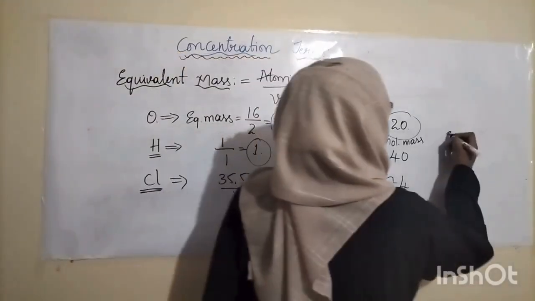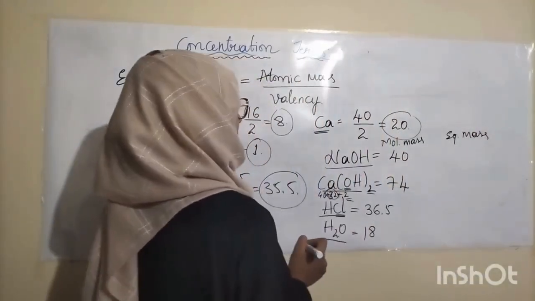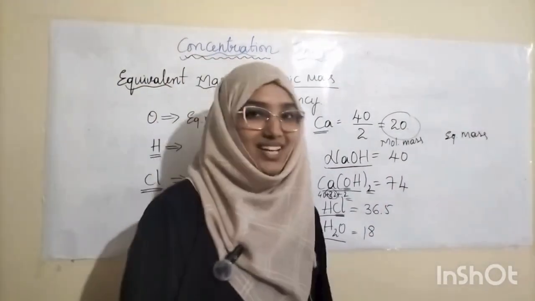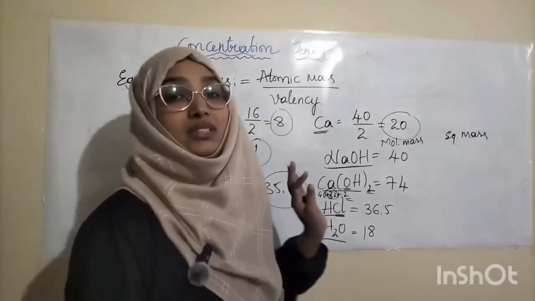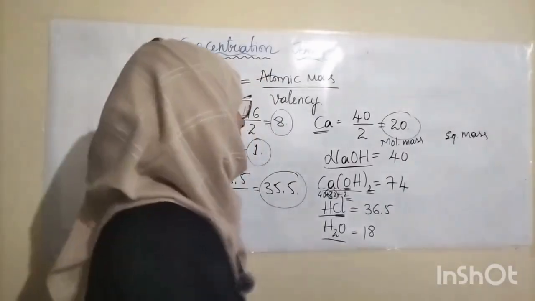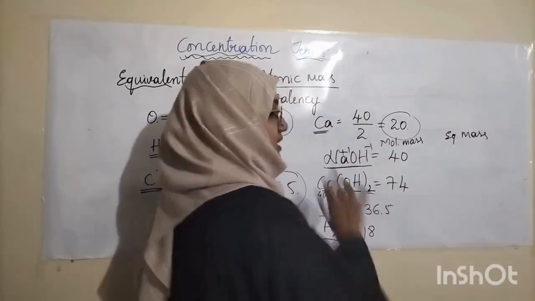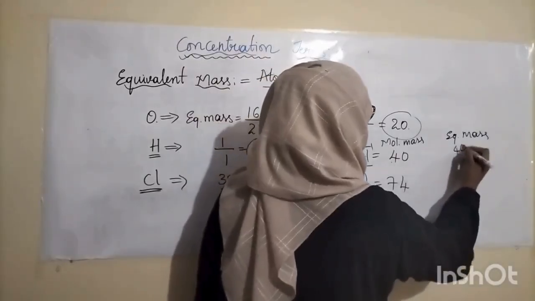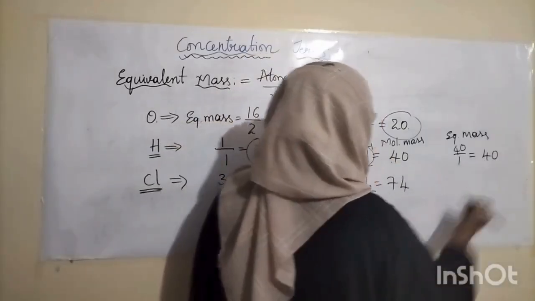Now when it comes to equivalent mass, we have to check their relative oxidation states, or as we said, valencies. We have to consider the one which is bigger. So here Na is plus 1, OH is minus 1, both are 1 irrespective of their signs. 40 divided by 1, the equivalent mass of NaOH is 40 again.